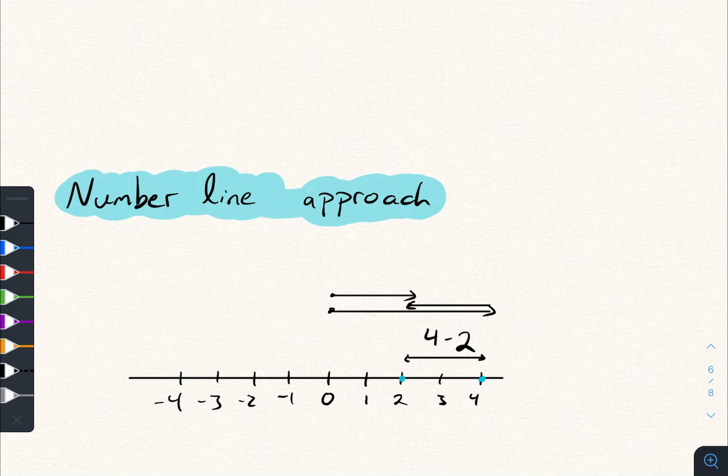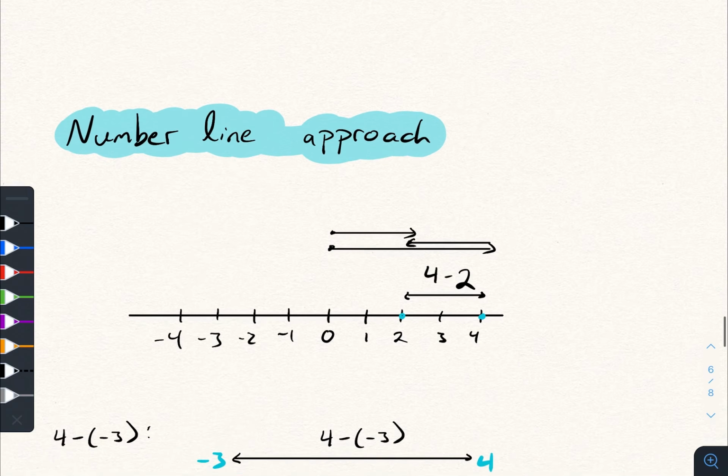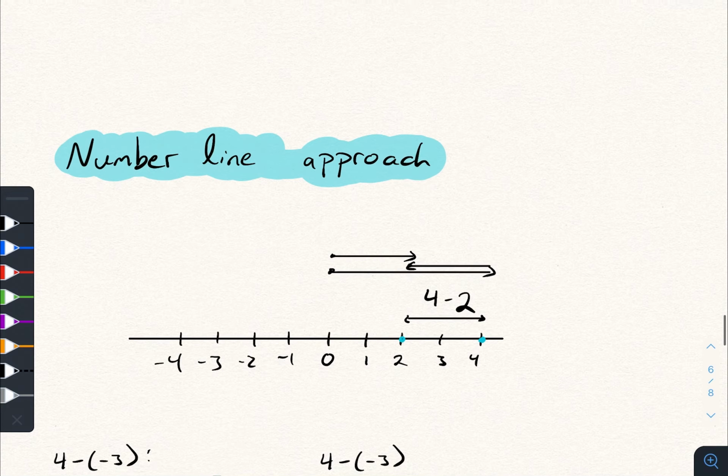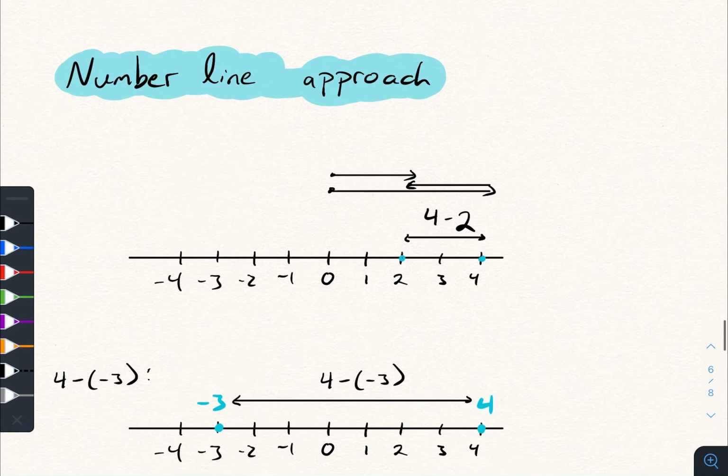Okay, and it's important to note that the final answer is just going to end up equaling the distance from 2 to 4 on the number line, and that's specifically when we do a bigger number minus a smaller number. Okay, when we do a smaller number minus a bigger number, we have to be a little bit more careful.